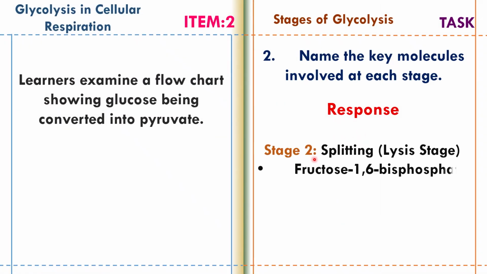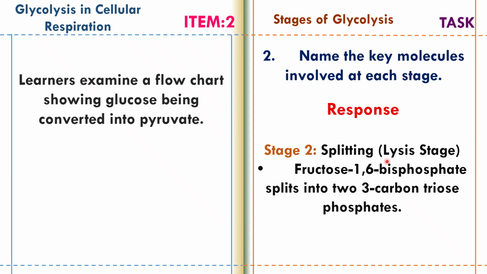Stage 2, splitting, lysis stage. Fructose 1,6-bisphosphate splits into 2, 3-carbon triose phosphates.